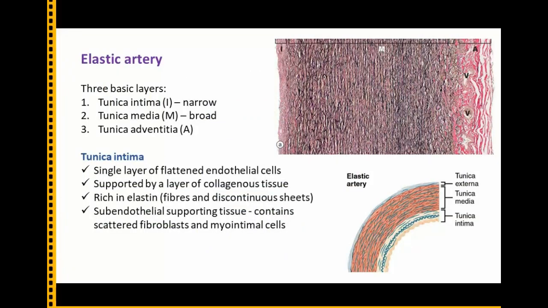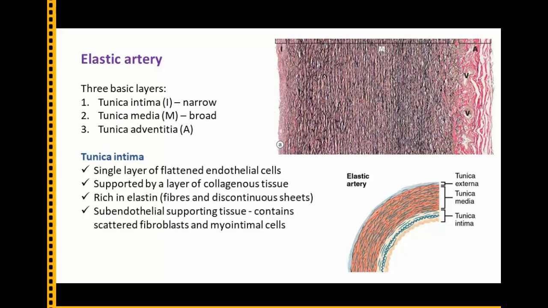This is the structure of an elastic artery. This one is a cross section of the aorta. It still has the basic three layers: tunica intima, media and adventitia. The media is the broadest part and it has a lot of elastin fibers. The tunica intima is the narrowest part.